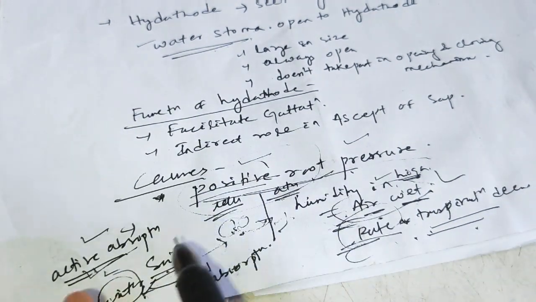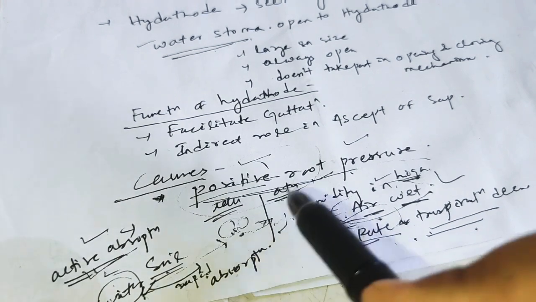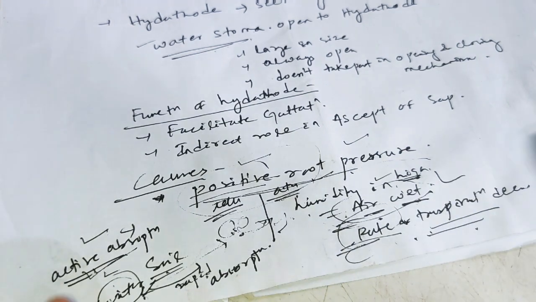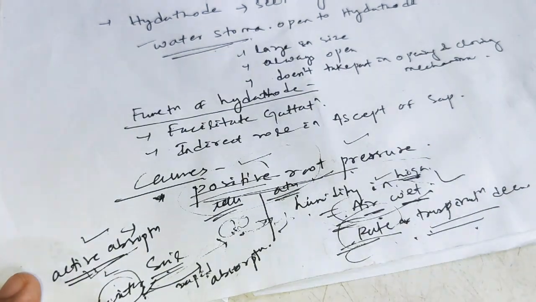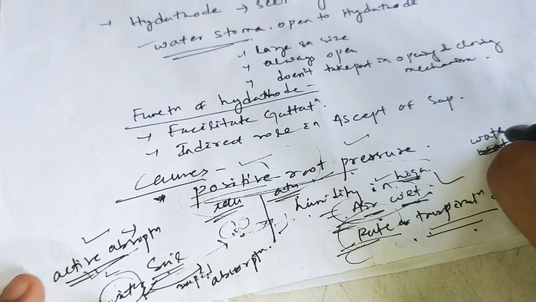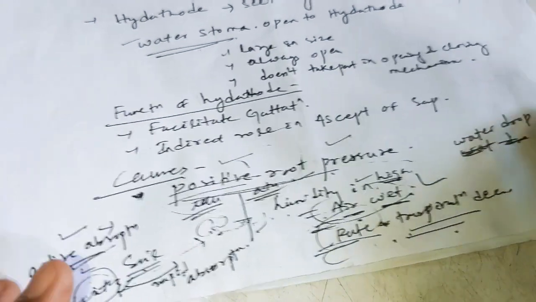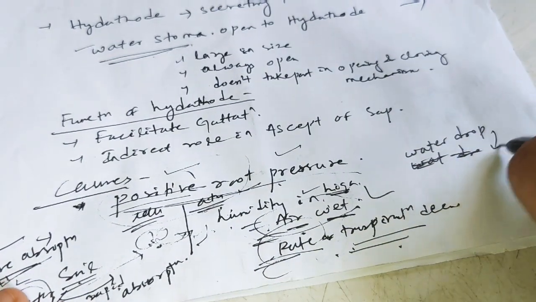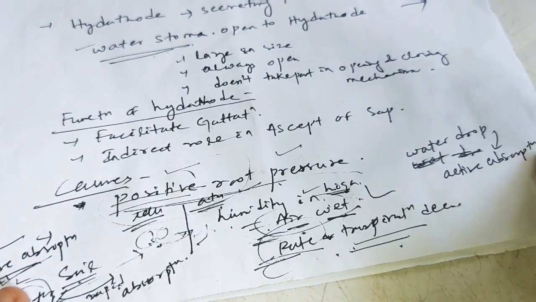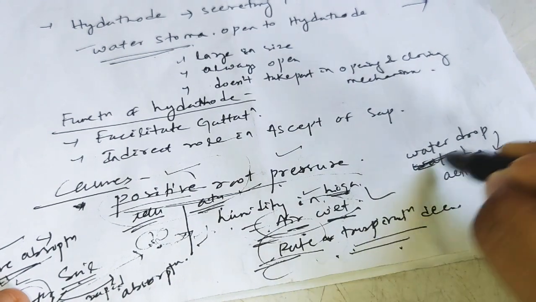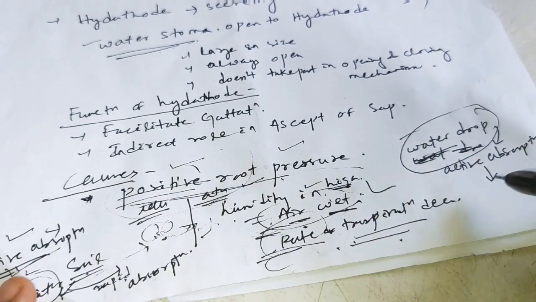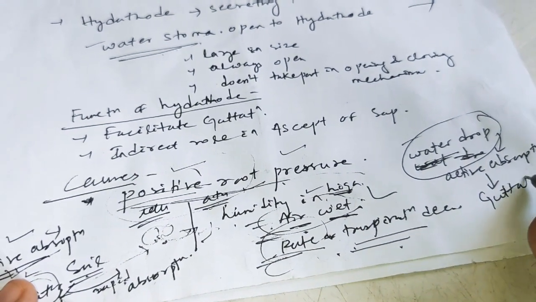And through this positive root pressure, the leaves release or secrete water in the form of drops. Okay, the water is released in the form of water droplets, due to active absorption. Okay, and this process, if the water comes out in droplet form, is known as guttation.